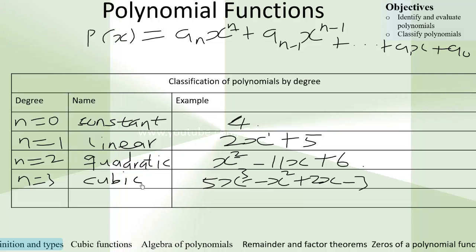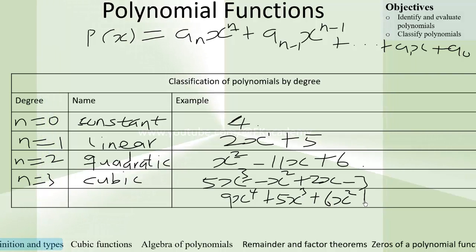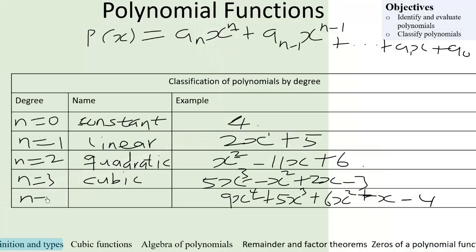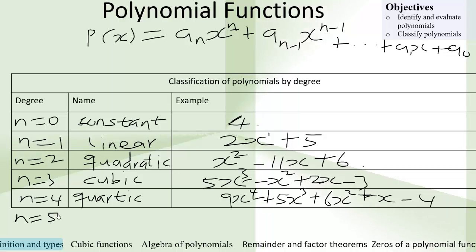Then we can have something like 9x exponent 4 plus 5x exponent 3 plus 6x squared plus x minus 4. So this has a degree of 4. We can call this a quartic polynomial. And we can have n equal 5.